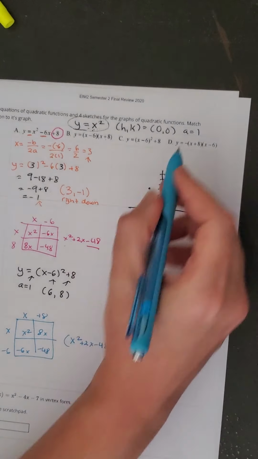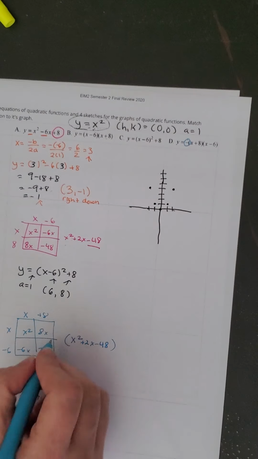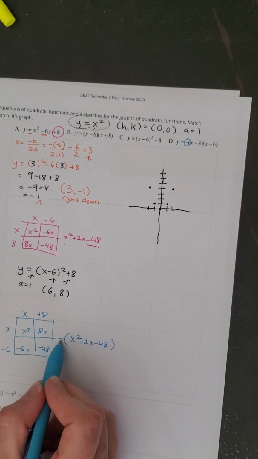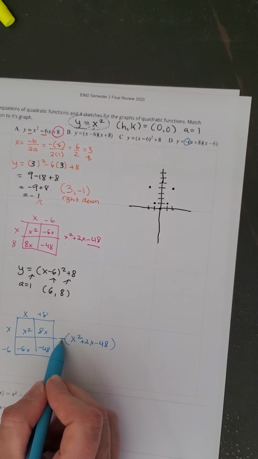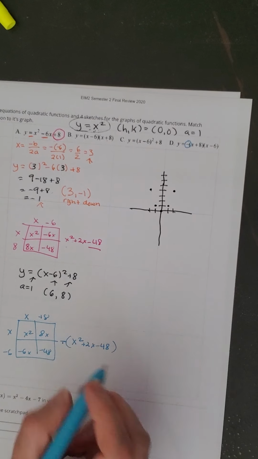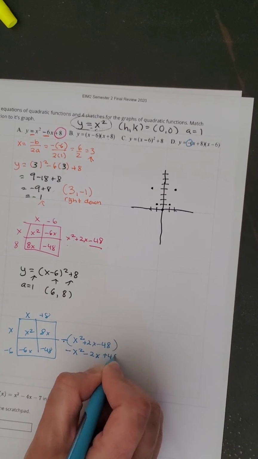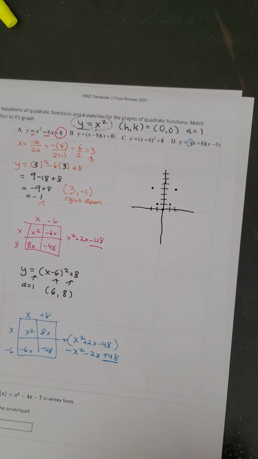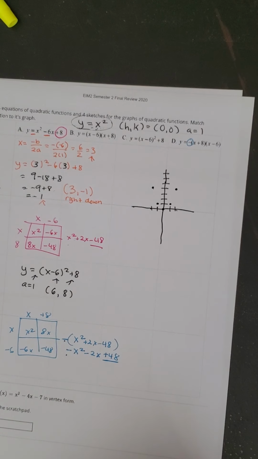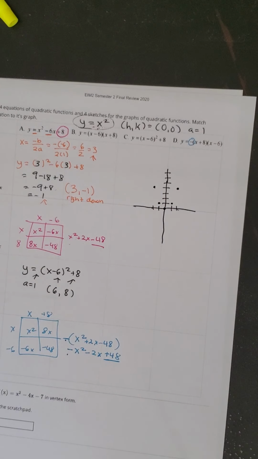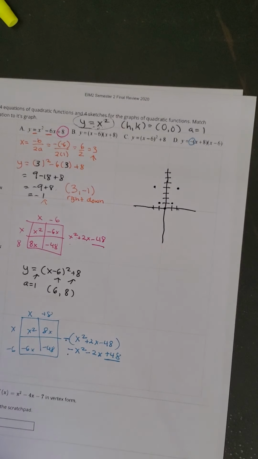But then you notice that I have this negative outside. That negative is going to flip my graph upside down. My a value is actually negative. And so that gives me negative x squared minus 2x plus 48. It means my y-intercept is a positive 48, and it's the only one where a was negative, meaning upside down. And so it must be the downward facing graph.